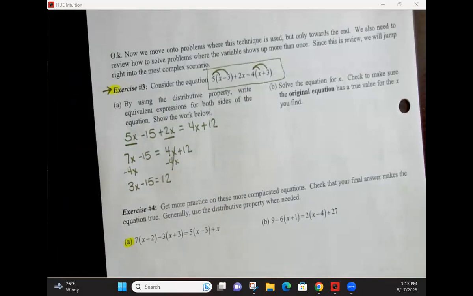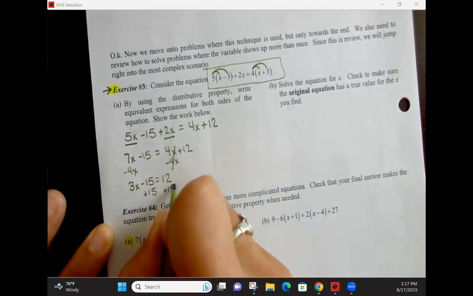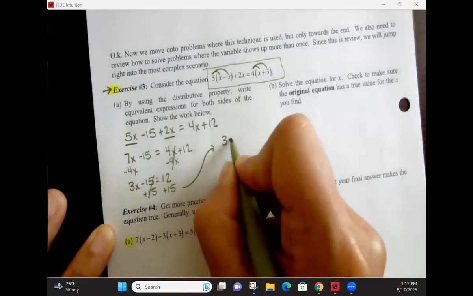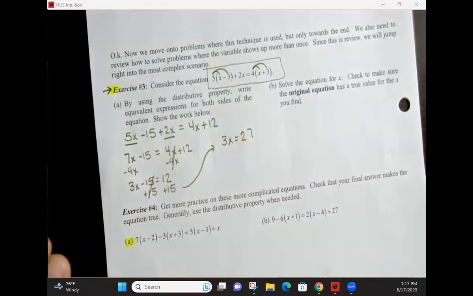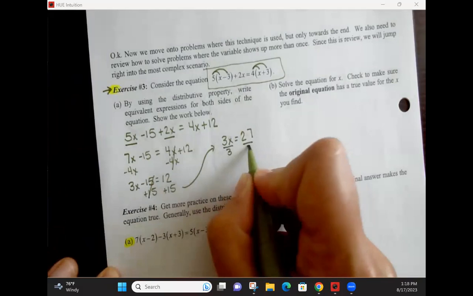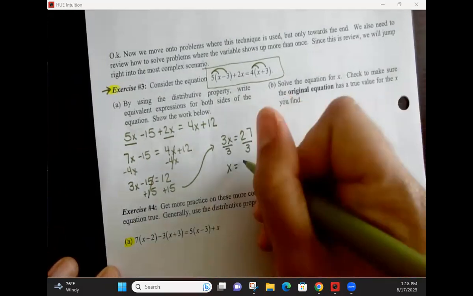Add 15. So I have 3x equals 27. Very good. One more thing to do. Divide by 3. So we get x equals 9. Very good.